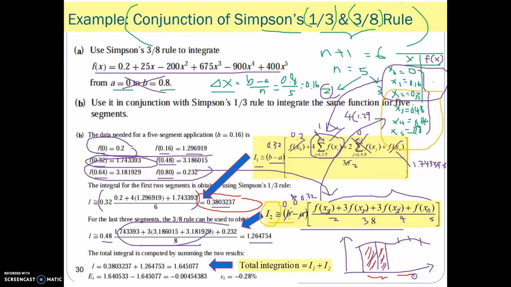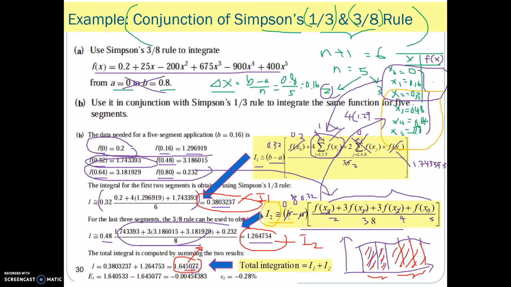And then you use the 3/8 rule to obtain the area under these 3 segments, and the answer is equal to this. So the total area is equal to I1 plus I2, which is this answer. Therefore, this is the final result.